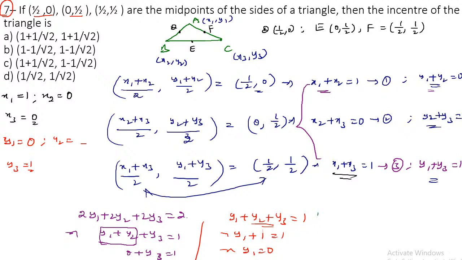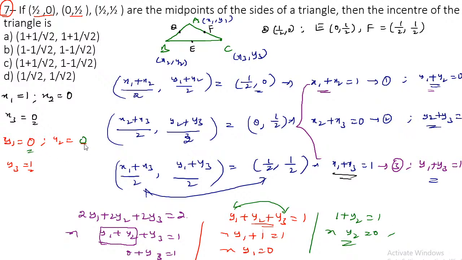And now similarly we need to find y2. y1 plus y3 is 1. So 1 plus y2 is equal to 1. This implies y2 is 0. So y2 is also 0, isn't it? y1 plus y2 is also 0.